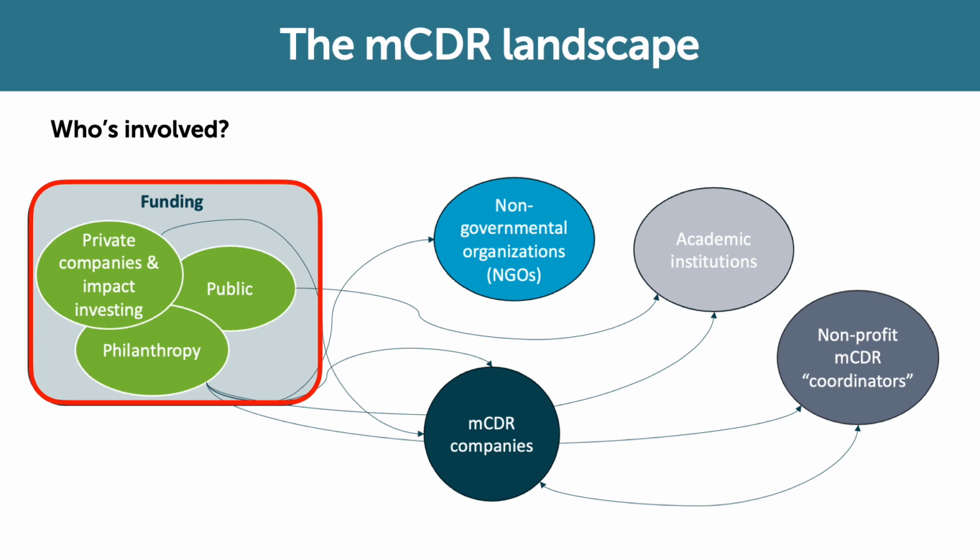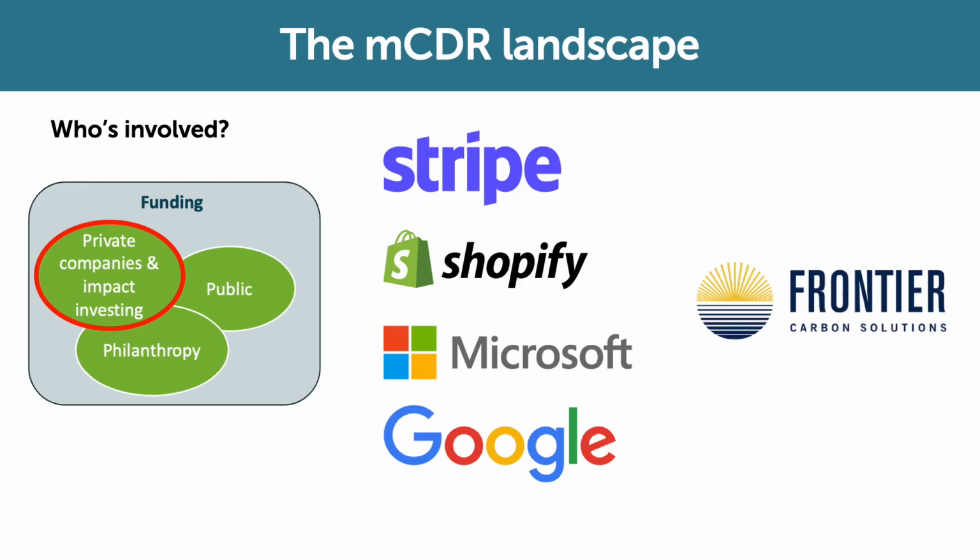Funding or financing for mCDR research is coming from three sources: private companies and impact investors, public funding, such as federal grants, and philanthropy. Private companies typically fund mCDR through pre-purchases and impact investing opportunities. The largest pre-purchase effort has been facilitated through Stripe Climate and funded via corporations like Shopify, Microsoft, and Google.